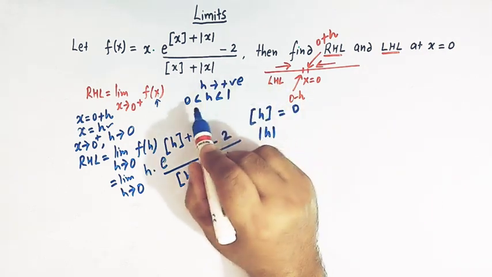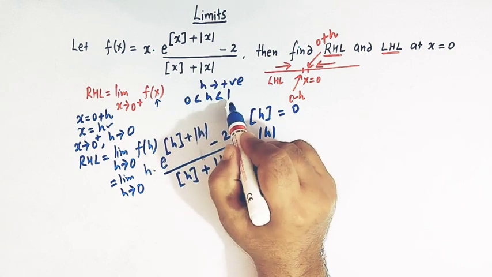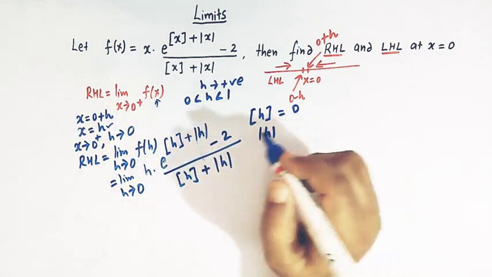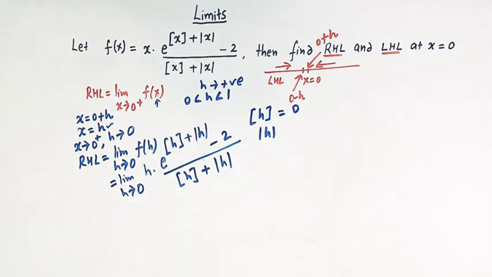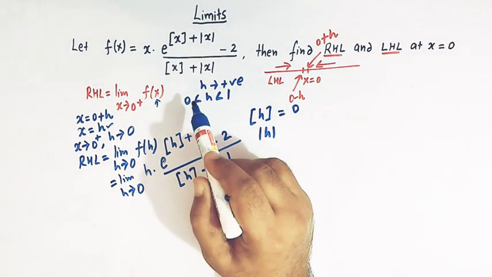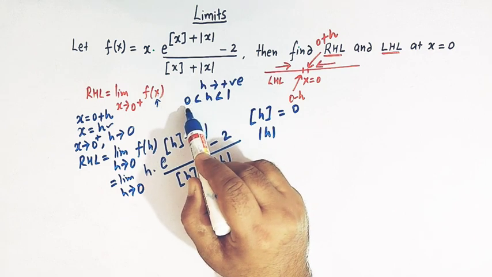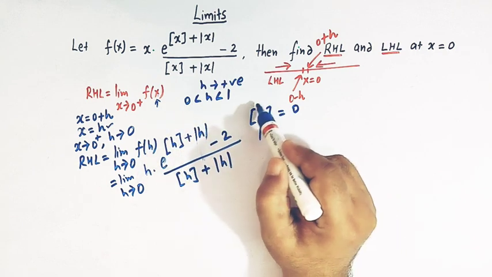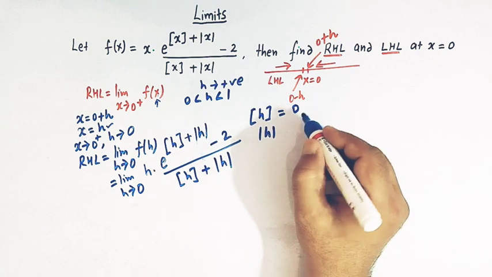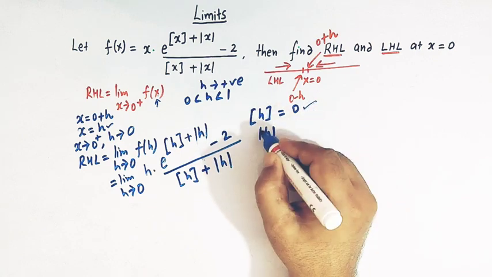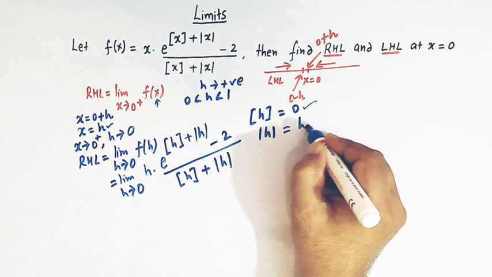Why? Because h lies between 0 and 1, or in other words h is an infinitesimally small quantity, so h is very close to 0, and the greatest integer of h is 0. And mod of h can be written as simply h.